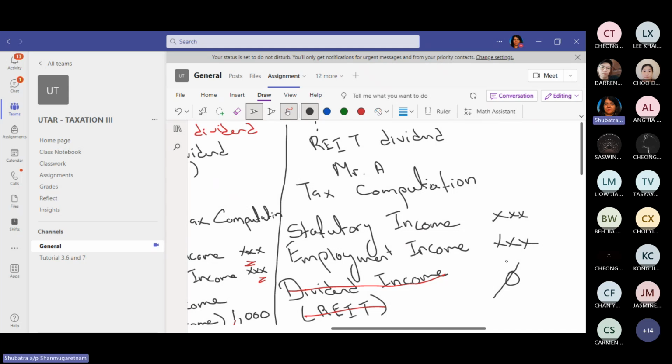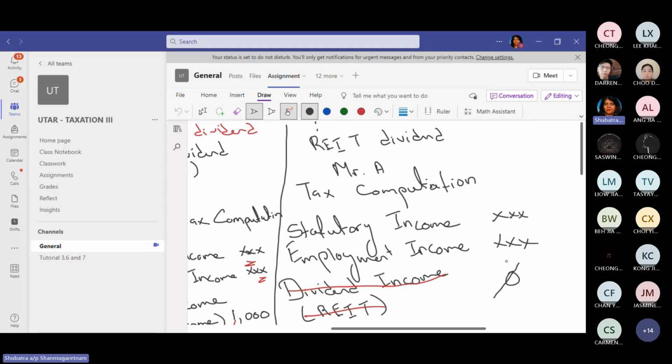No need to include in your tax computation. So when you are looking at your tutorial answers, and the explanation clearly states it is subjected to withholding tax, it is final tax, and then in the tax computation they put 0, and you still come and ask me, so REIT is not taxable, is it? Guys, what are y'all studying?